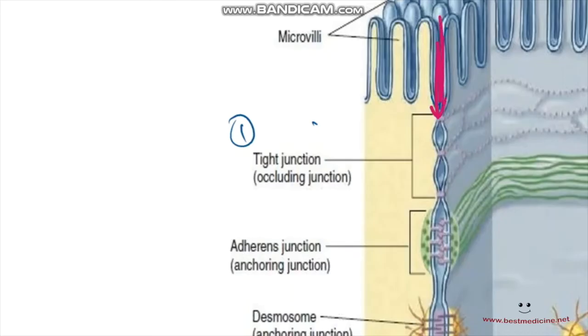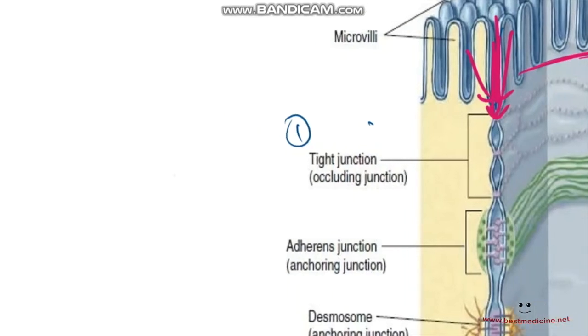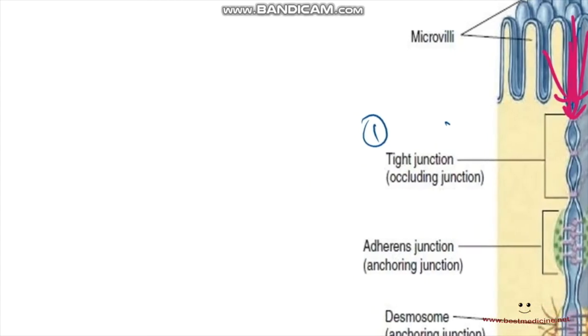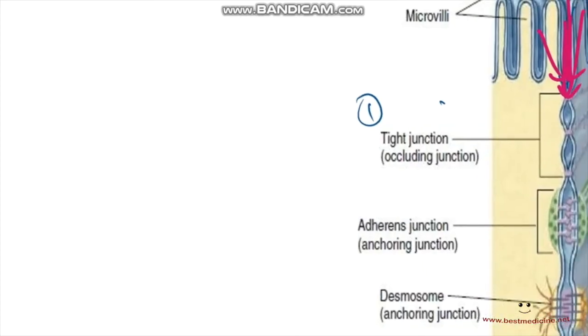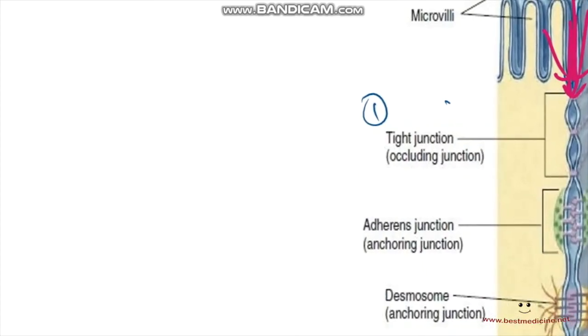There's a space right here, and that space is closed off by this tight junction because it's really tight. So apart from linkage, it closes the intercellular gap and prevents stuff from flowing into the intercellular spaces between the cells.